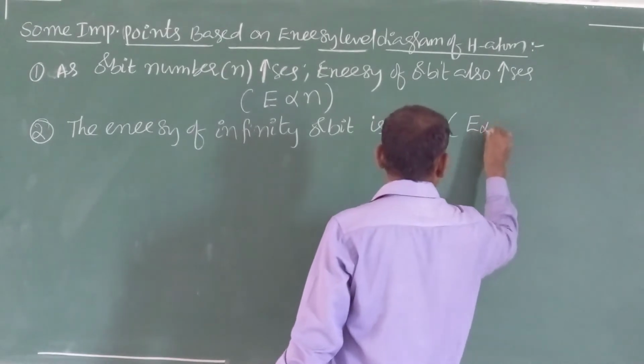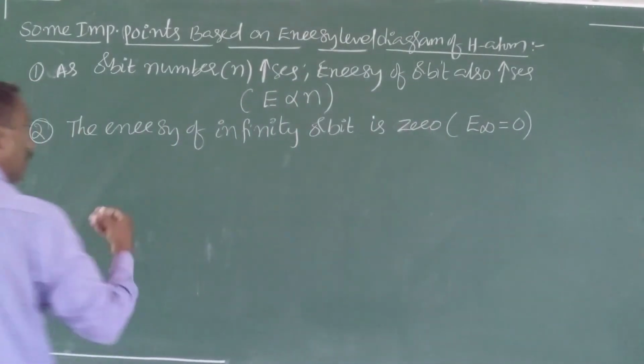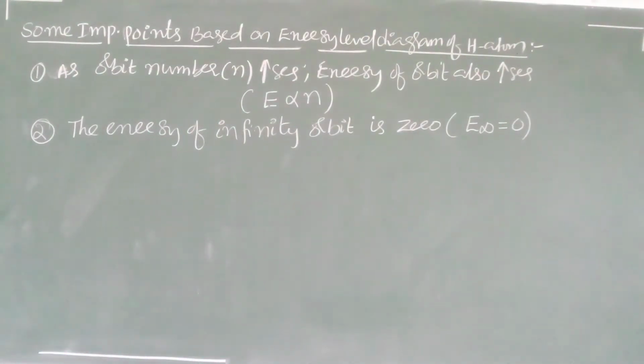So in any atom, the energy of the infinity orbit is 0. In all units, the energy of the infinity orbit is 0.